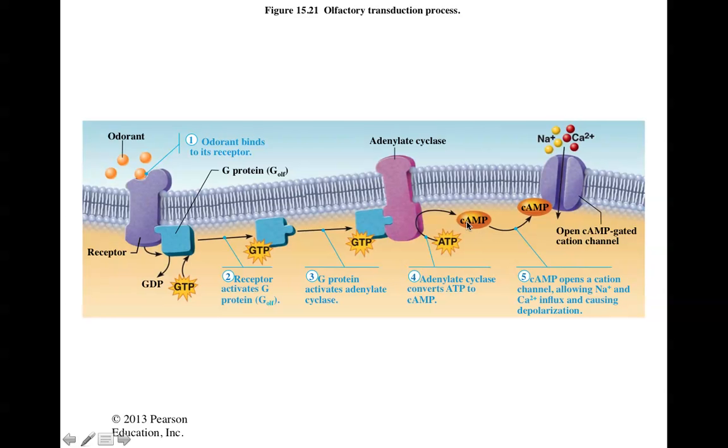Cyclic AMP then goes on to interact with this channel and cause it to open from the inside. Kind of the lock and key situation from the inside that then causes sodium and calcium to flow into the cell. So I'm going through this very quickly. I would like you to take a closer look, which is why I'm asking you about it on the exam.